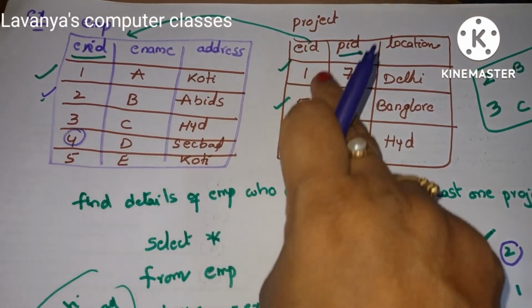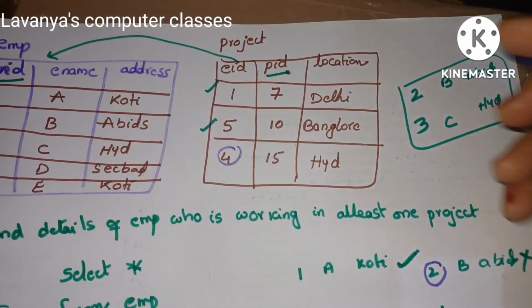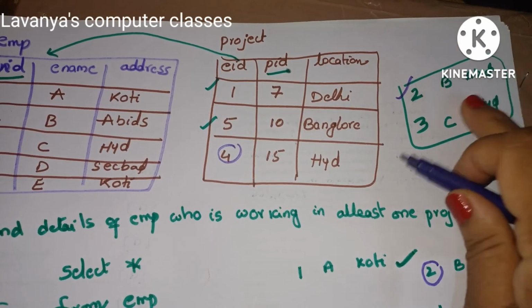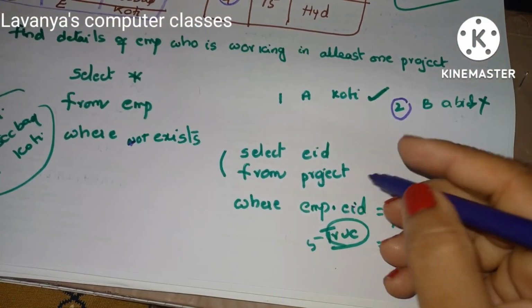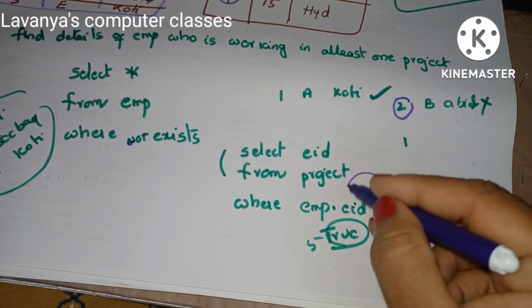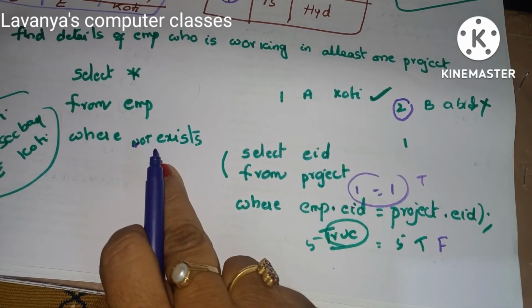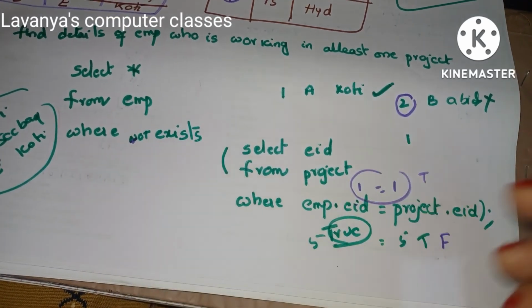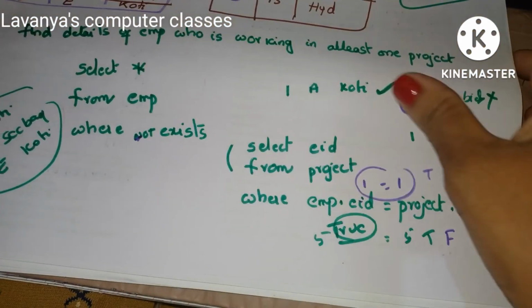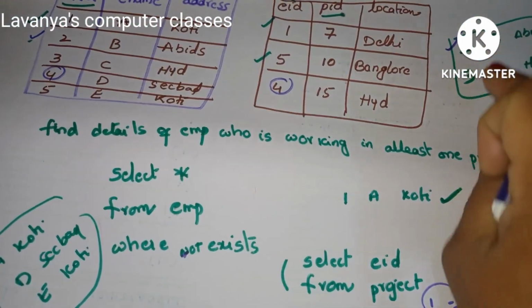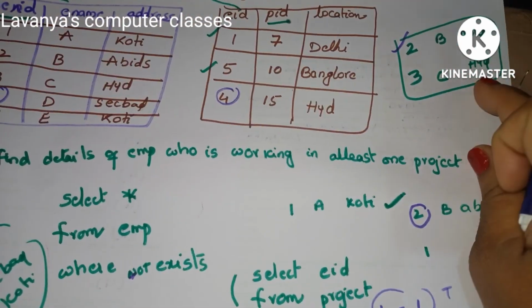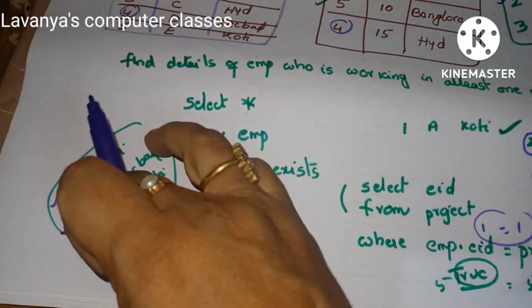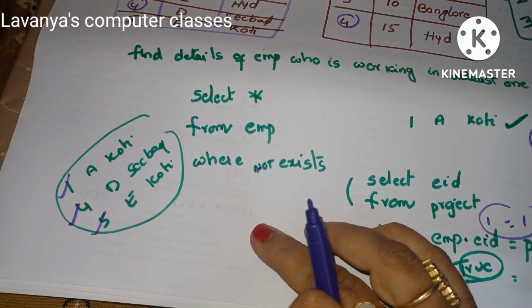Is 2 available in this? No, 2 is not available, so keep 2 in the output. Whenever it is true, don't accept it. Whatever does not exist, 2 is not available in the subquery, so 2 is the answer, and 3 is also not there. So 2 and 3 come as the output for not exists, and 1, 4, 5 come as the output for exists operators.